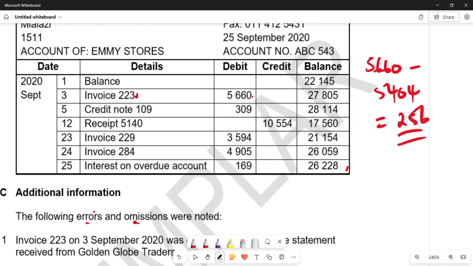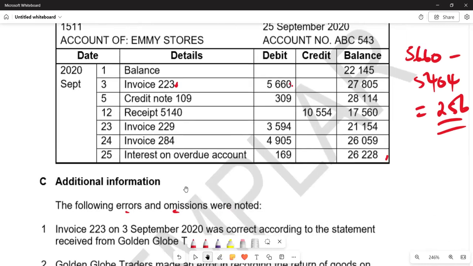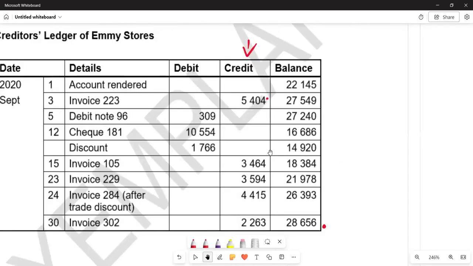Since the statement is correct, which is the bigger figure, we go to the ledger and say the figure that is here is smaller by 256. So we have to put another figure here so that it goes to 5,660.